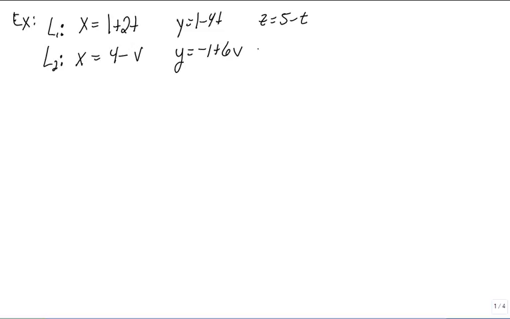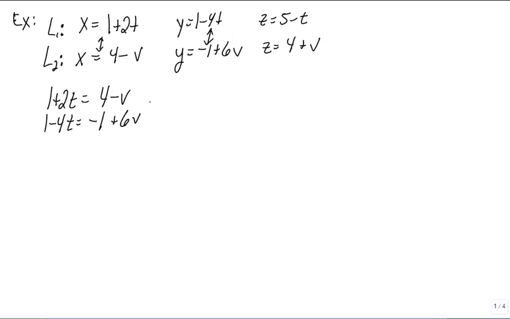So the two scalars are t and v. Okay, so the x's have to be equal, so we'll set these equal in the first two equations and see if what we get satisfies the third equation.